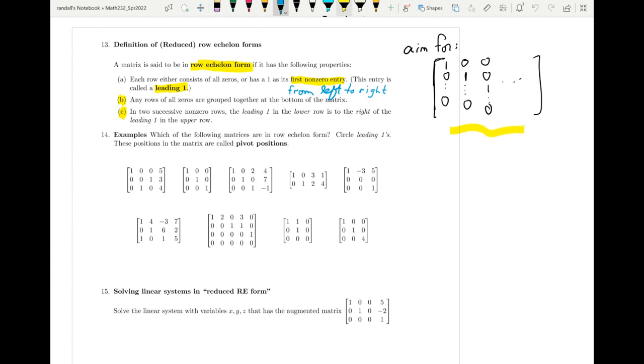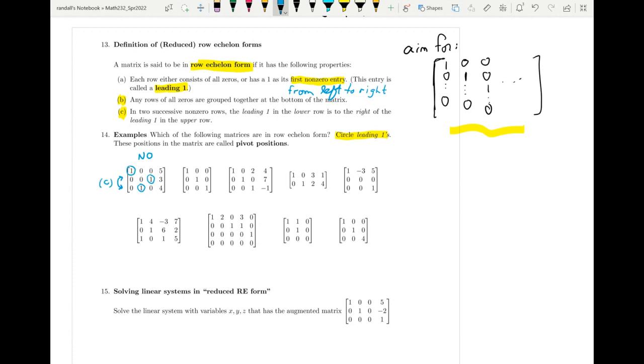Here it says we should circle the leading ones. Remember, the leading ones are the first entries you encounter as you go from left to right, and I will circle them. Now I'm going to say whether they're in echelon form or not. And here it's not, simply because these rows are in the wrong order.